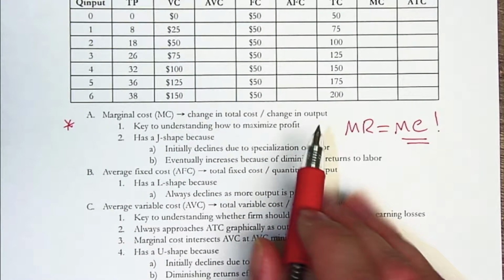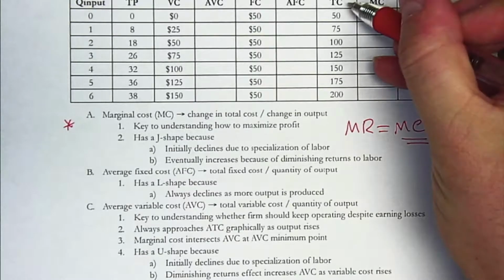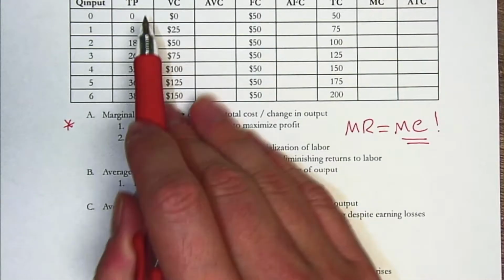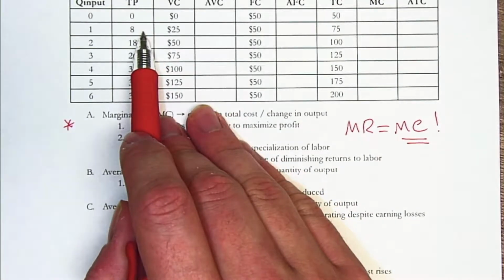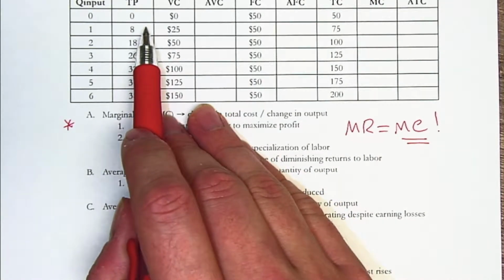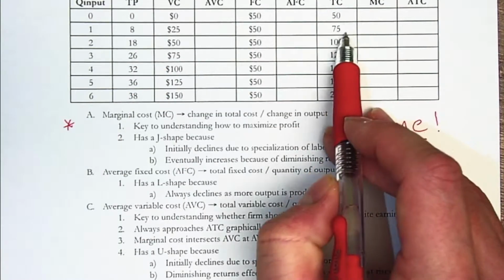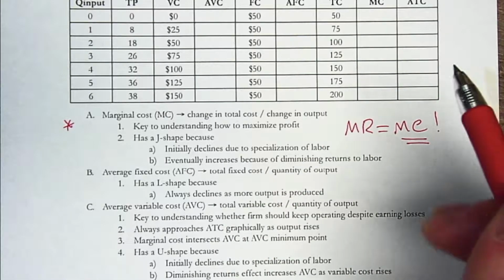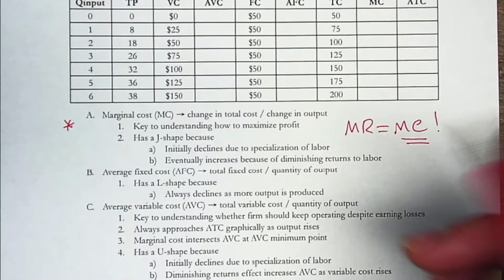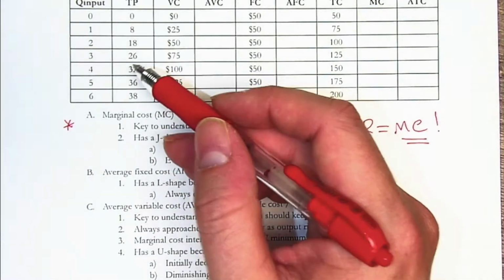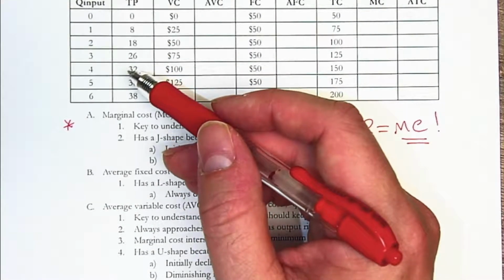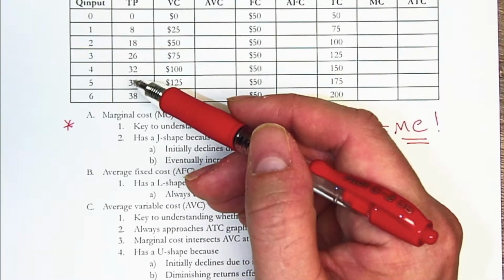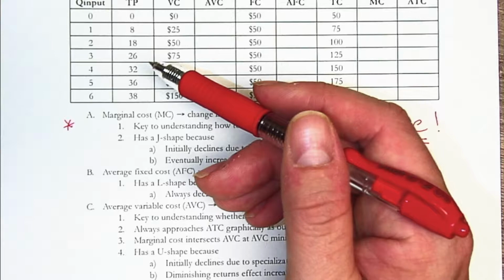So we can look at a few different features here. We've got change in output from 0 to 8, and the cost goes up 25. So we're going to need a little calculator in order to do some of these. The reason that these data points are a little bit difficult is that we are using the same data as we previously used in this unit.